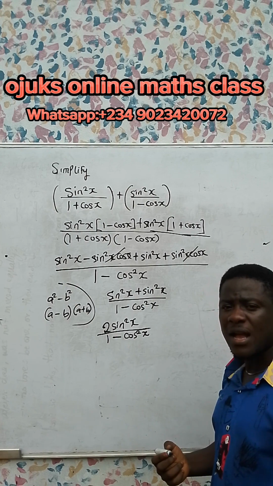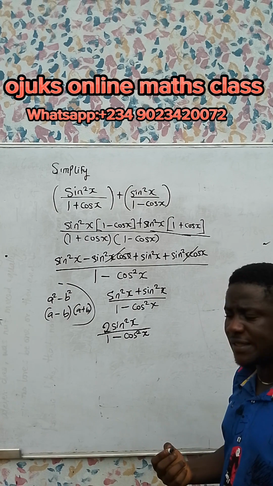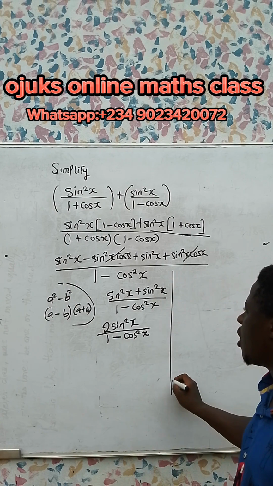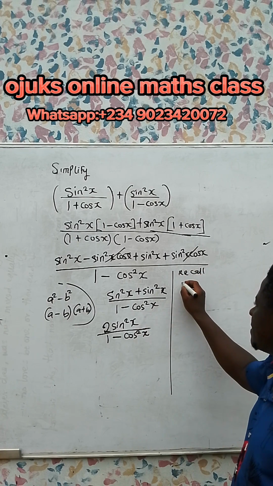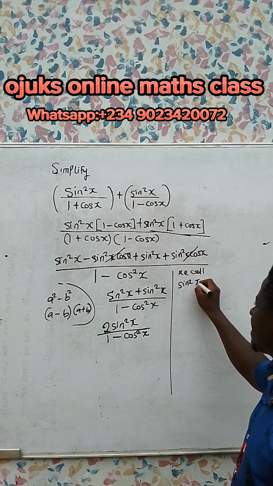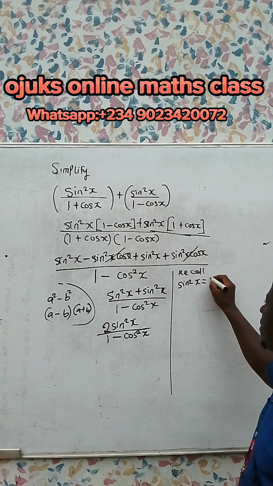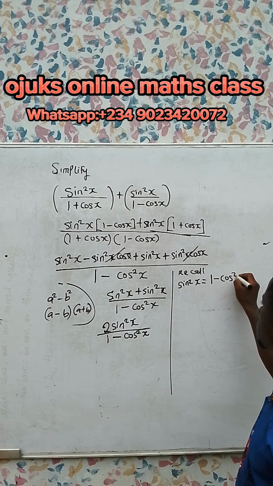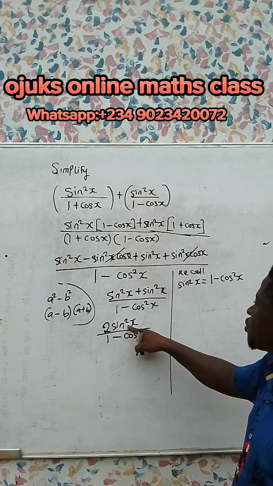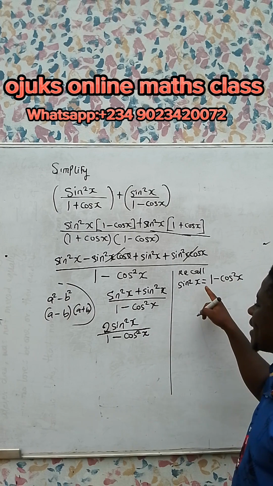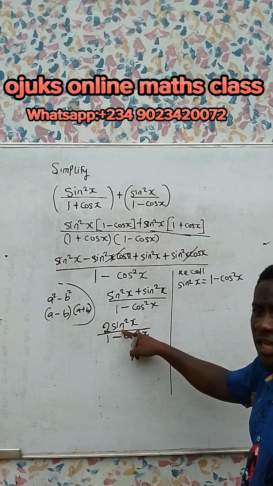According to the concept of trig identities, remember that sine square x is equal to 1 minus cos square x. If you have this in mind, of course, we can substitute 1 minus cos square x for the value of sine square x in this expression.